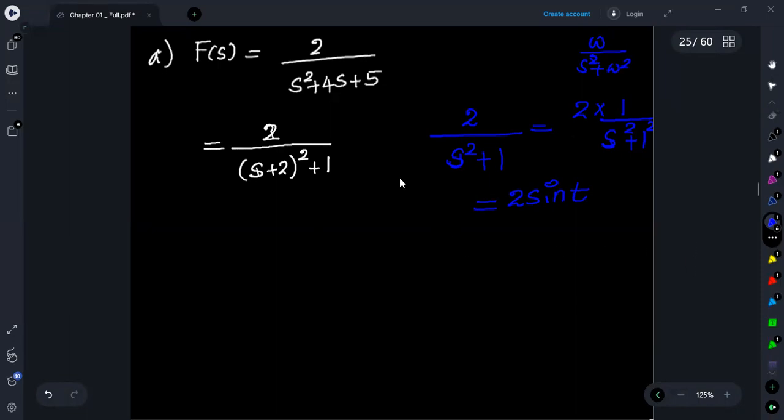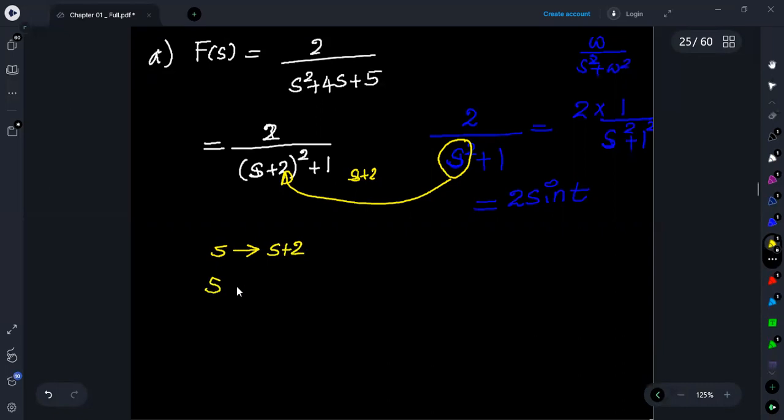But in our problem, s is replaced by s plus 2. If s is replaced by s minus a, then we multiply the function f of t by e to the power at. Here we have replaced s by s plus 2, so the value of a is minus 2.